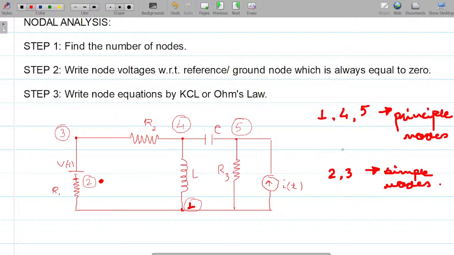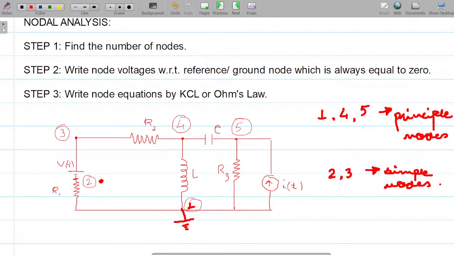It's a very simple approach. All we need to do is write down node voltages with respect to the ground voltage, which is always equal to 0. There's no bounding condition on which node to choose as ground, but normally where a lot of points are meeting, more than 3 points, it is conventionally taken to be 0 because then the calculations are a little bit easier.